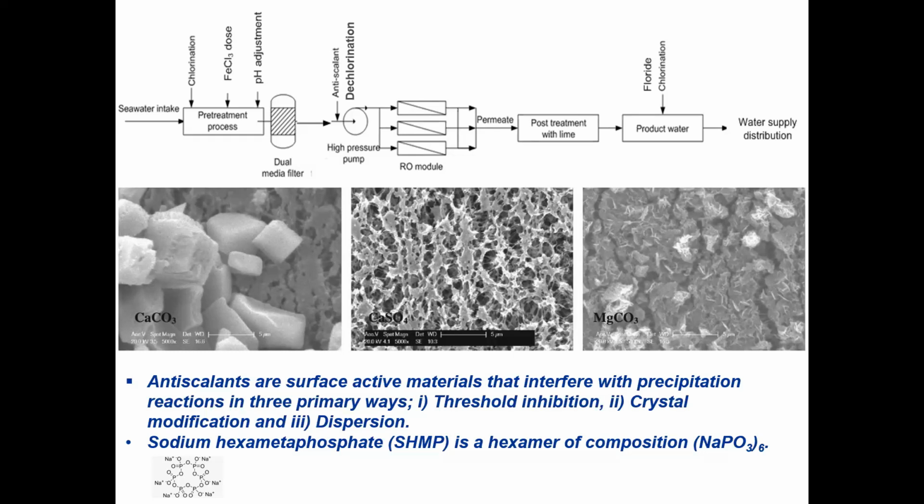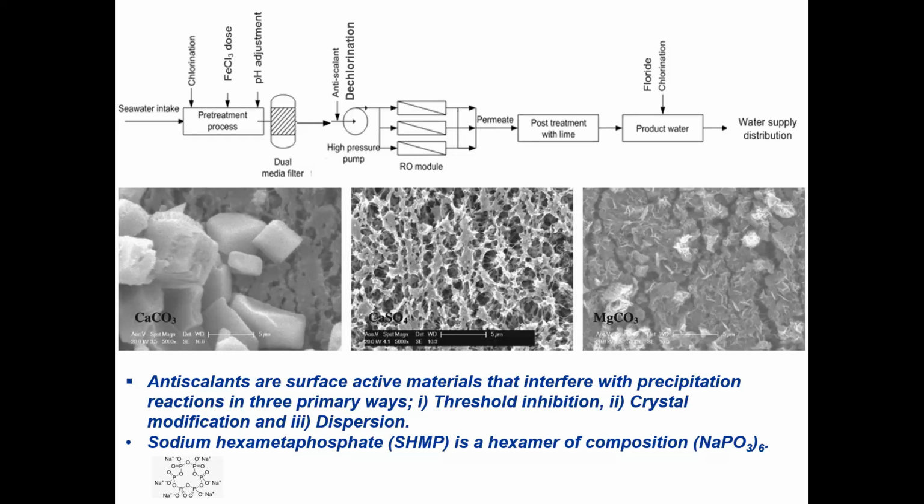So they are creating inorganic scaling. Once you have inorganic scaling, this is a crystal. It's very difficult to remove. So you are clogging all the pores, and your flux is reduced very significantly.